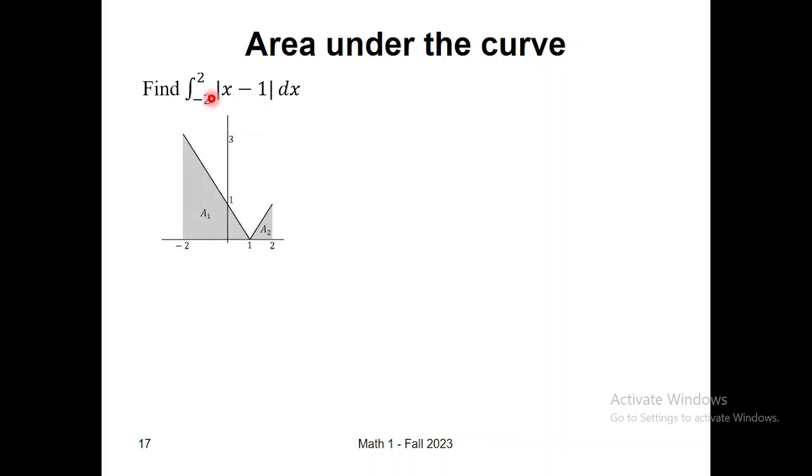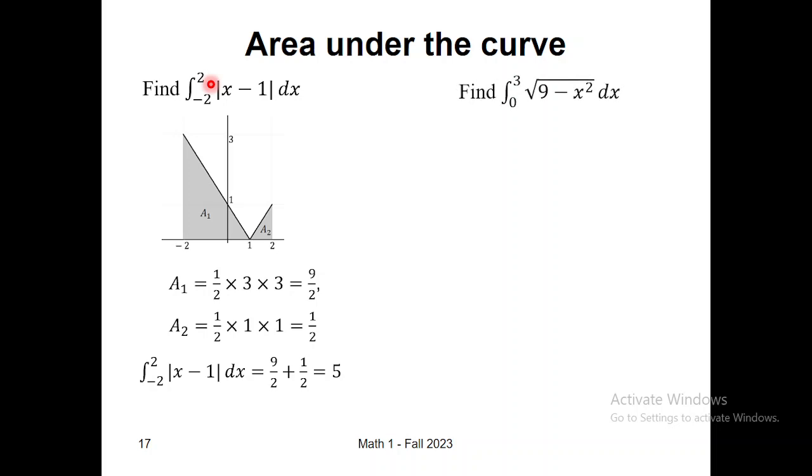Let's consider this example. We want to evaluate the integration of modulus x minus 1 from x equal -2 up to 2. Now, this function, modulus x minus 1, has this graph, and this can simply be viewed if you consider this function to be defined over two intervals.